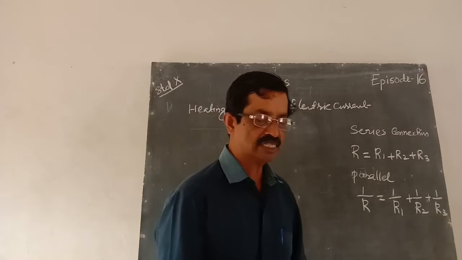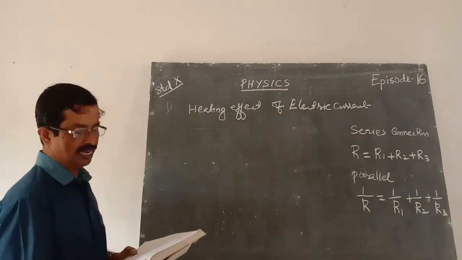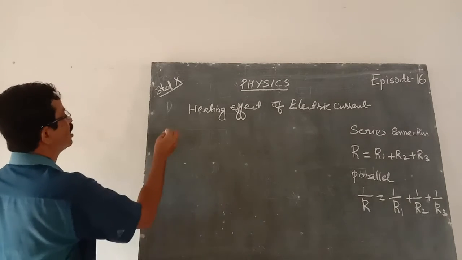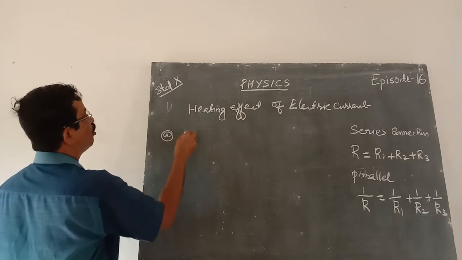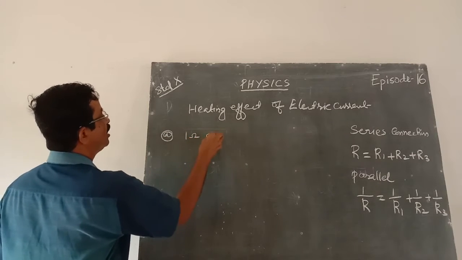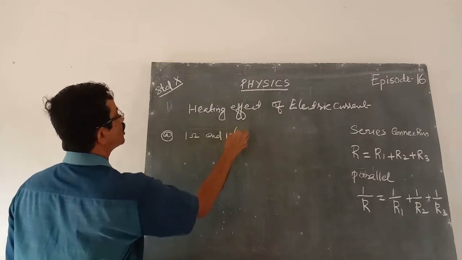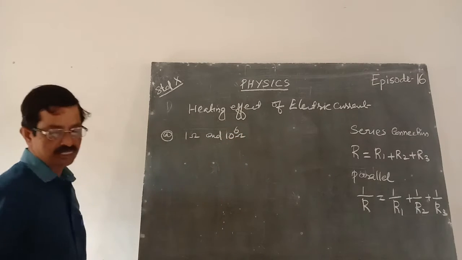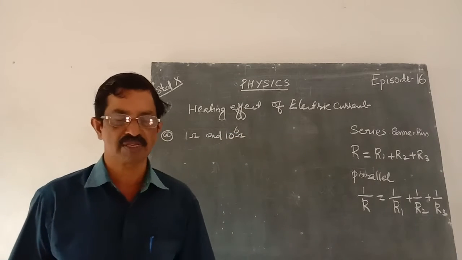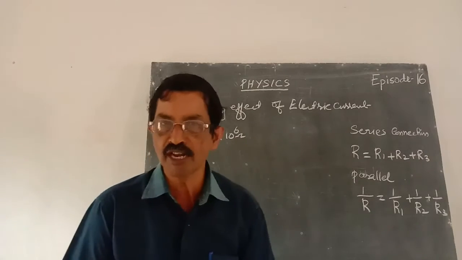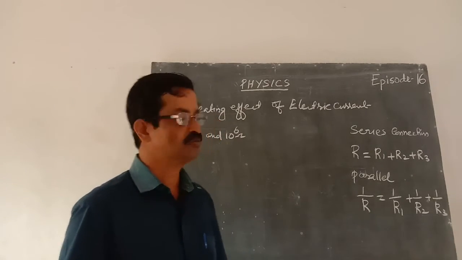Here are some resistors. First one, A, is 1 ohm and 10 raised to 6 ohm. These are connected in parallel. We want to find the equivalent resistance of these two.